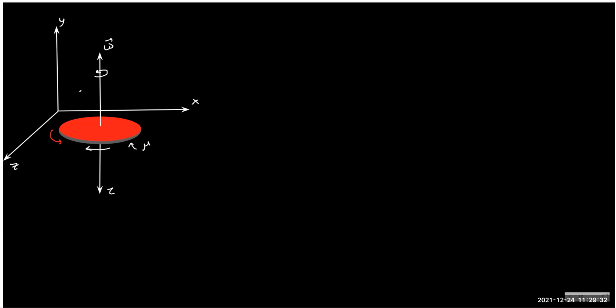If you look from the top, the omega is in which sense? Anti-clockwise, correct? Yes, sir. Omega is anti-clockwise. The torque is clockwise. Can you see that? So it will experience a clockwise torque. So the sense of torque is clockwise and the direction is like this.